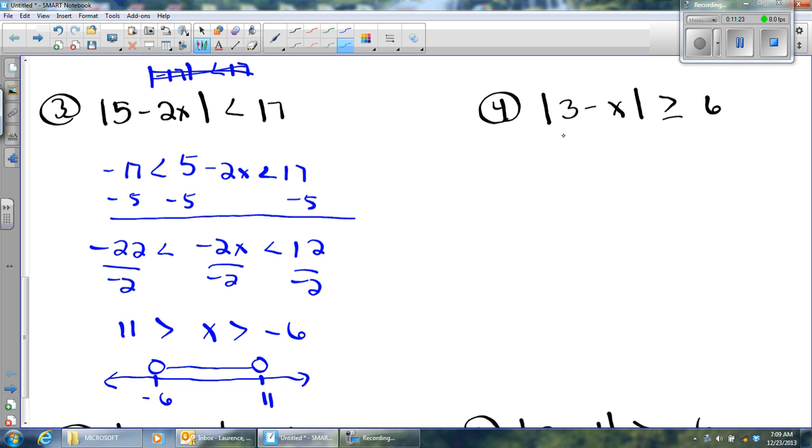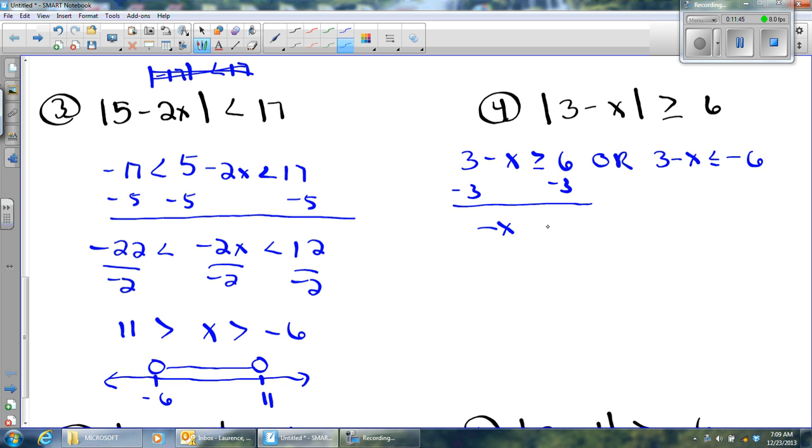Okay, problem number 4 here. Well, we got 3 minus x greater than or equal to 6, or 3 minus x is less than or equal to negative 6. So I'm going to subtract 3, negative x greater than or equal to 3.